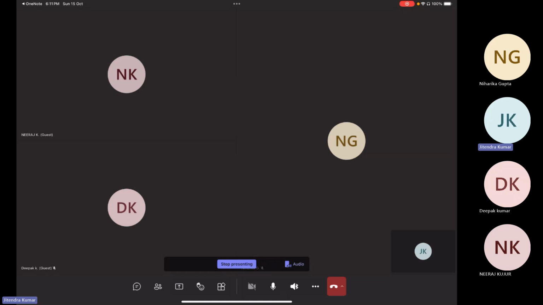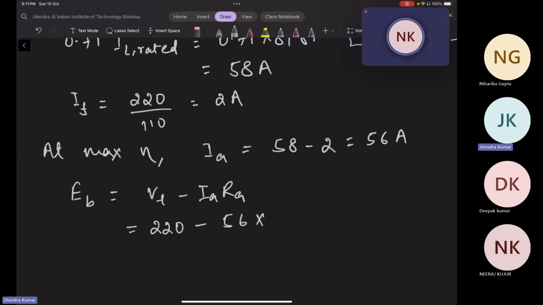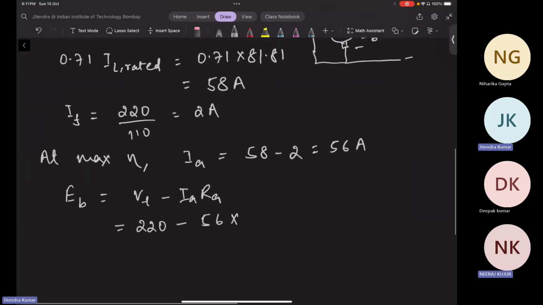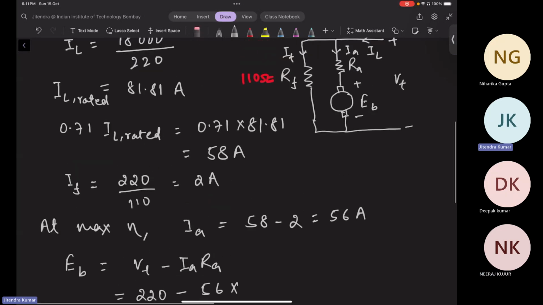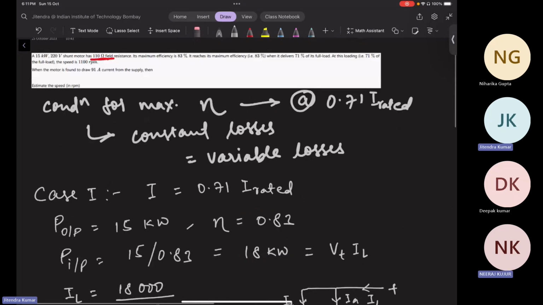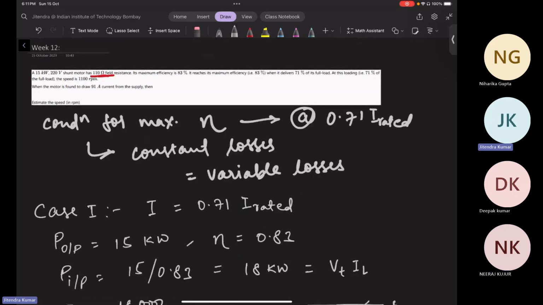Okay, no problem. See, one thing we can consider: at what conditions did we calculate this IA and all? Not at rated load, but at 71% of rated load, the maximum efficiency condition.